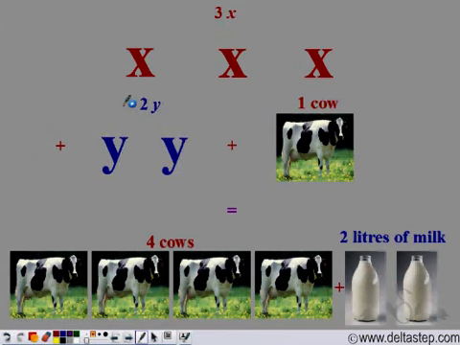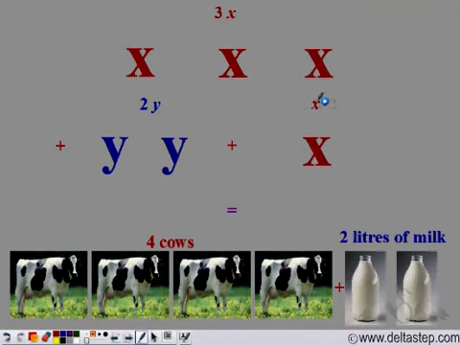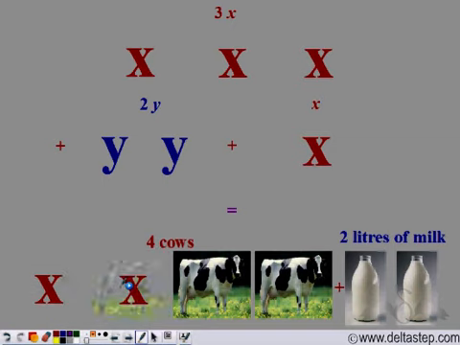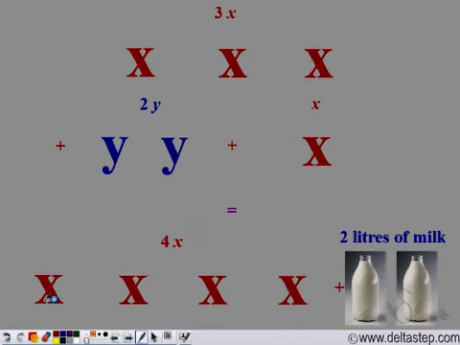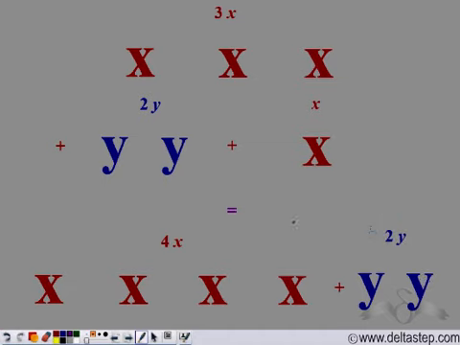We have 2y here. This is again an x. So we could add all these x. 1, 2, 3, 4. We have 4 x's. So we could add all these x to get 4x and 2y. So we have 4x plus 2y.